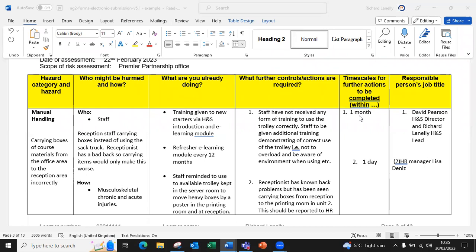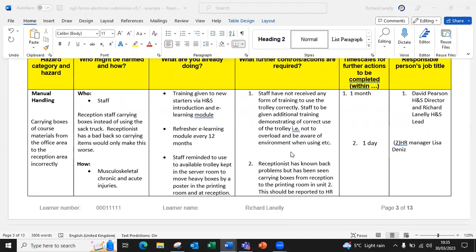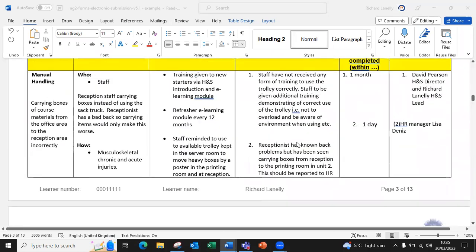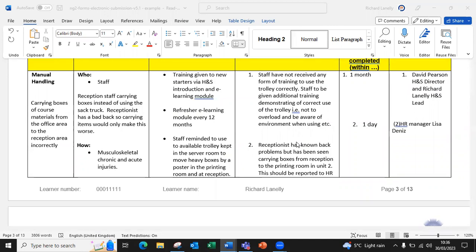So as we're saying, the timescales need to be an actual timescale. If you're saying we're going to put a new process in for people to monitor the receptionist carrying boxes around, just to make sure she's doing what she should be doing, some people might put quarterly or weekly in the timescale.